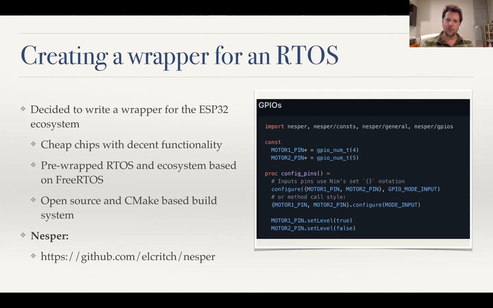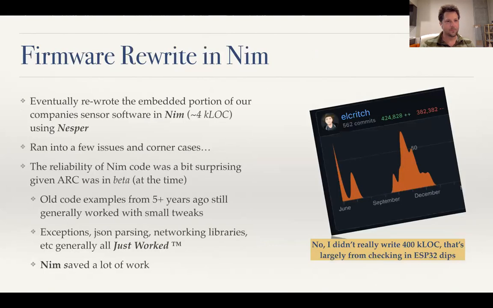Oftentimes, if you're copying an example, you have to actually dig into it. You have to create a struct, and then from that, you have to initialize it, and then you have to check that it's correct. The Nim wrapper code can handle all that and then throw an exception if something goes wrong. So that makes it a little easier to just have code that works on a happy path. And if you need to, you can catch or dive into errors.